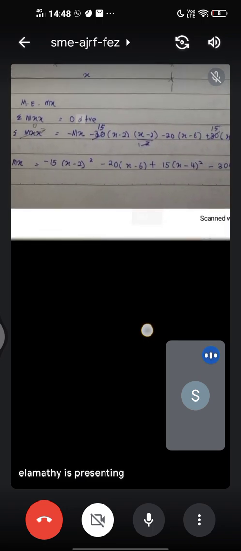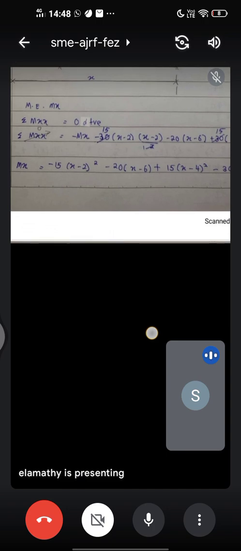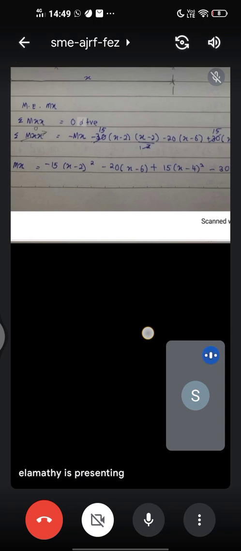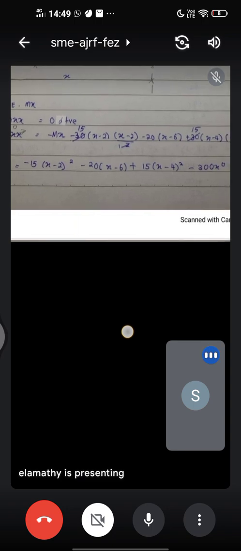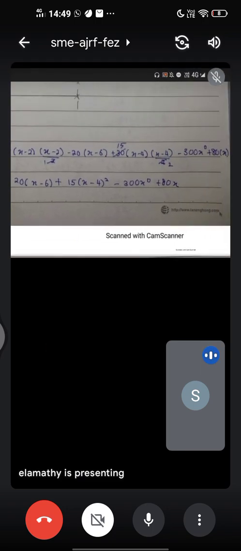Now we will find Mx. So Mx equals 0. Minus 15 open bracket x minus 2, and you have to multiply with x minus 2 over 2, following all the equation till the end.